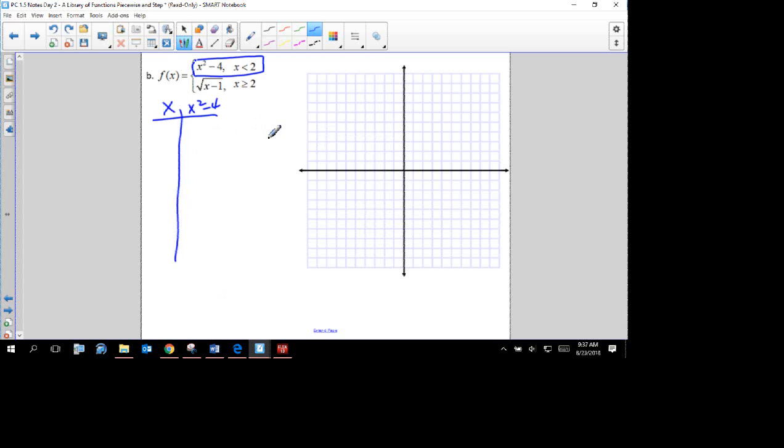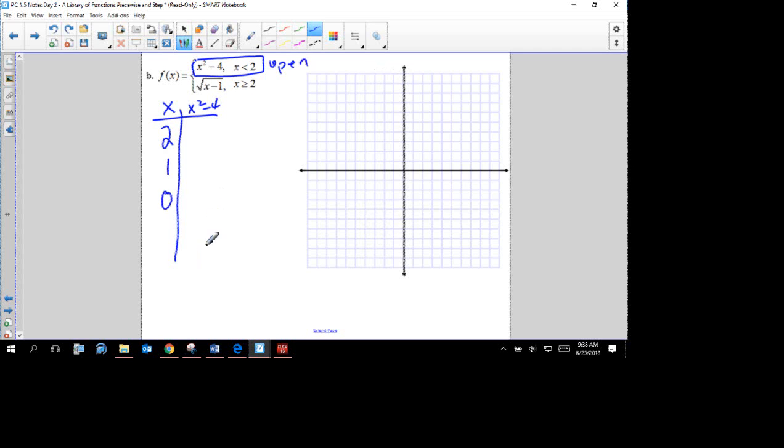Okay, so I'm going to pick numbers for the first one where x is less than 2. Is that going to be an open or closed dot? It'll be open, but I have to put 2 in my table. So that's kind of like the border. I'll just write the word open over here so I remember that it's going to be open when I graph it. So then I'll pick less than 2.